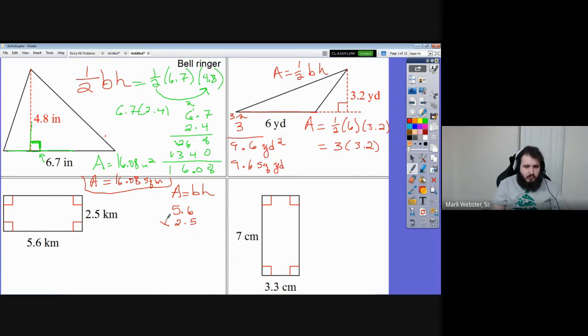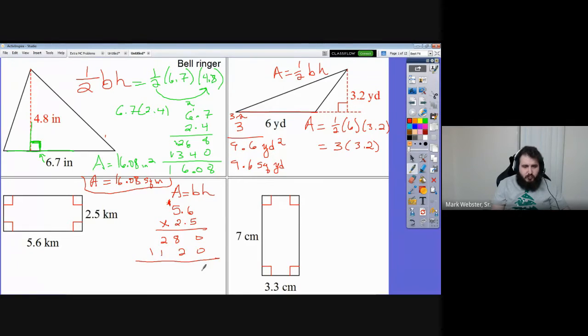Then we go through. 6 times 5 is 30. 5 times 5 is 25 plus 3 is 28. 2 times 6 is 12. 2 times 5 is 10 plus 1 is 11.